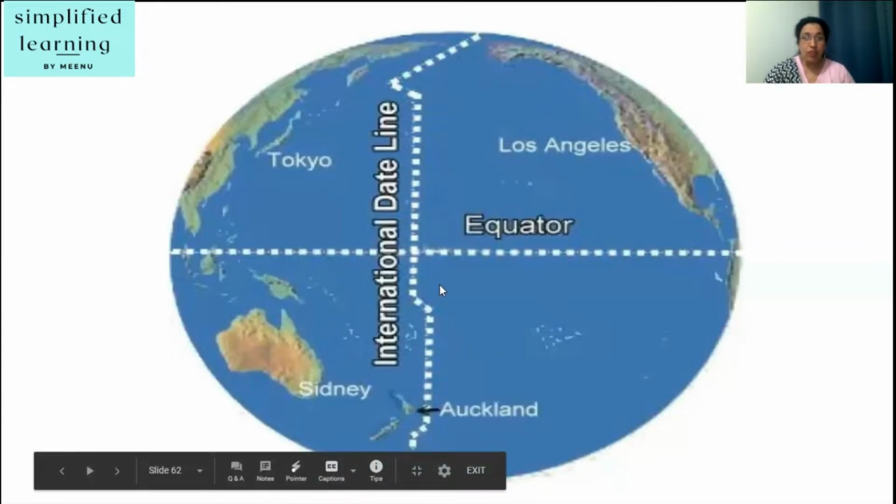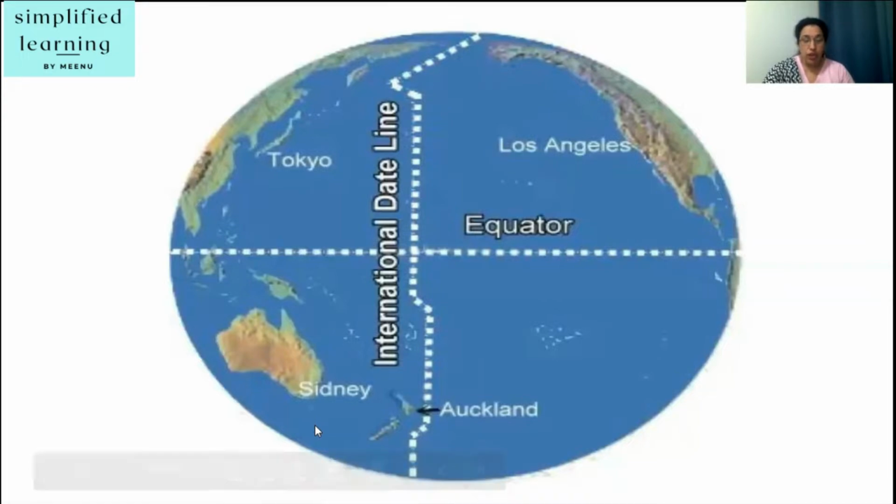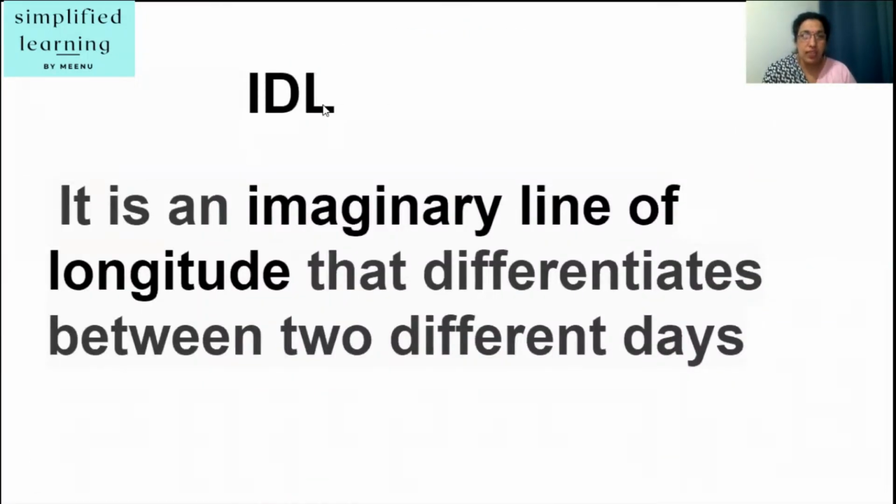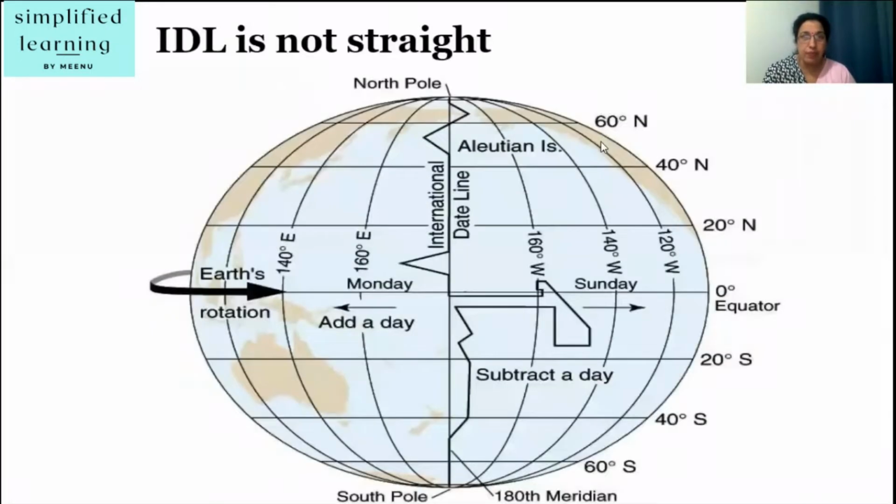If this line had been straight, here in Australia, there would be 2 dates. The day and date change the moment one crosses this line. So, how do we define the international date line? It is an imaginary line of longitude that differentiates between two different days.